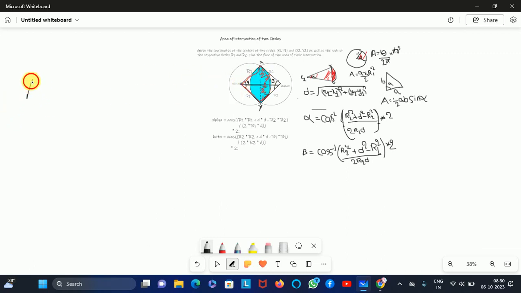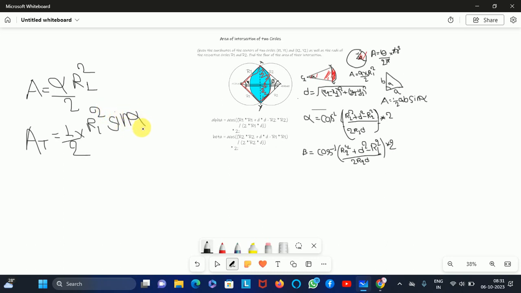The area of this sector A was alpha by 2 into r1 square, and the area of the triangle, let's say it is AT, will be half, and this is alpha, and both sides will be the same, r1 and r1. So half r1 square into sine alpha.